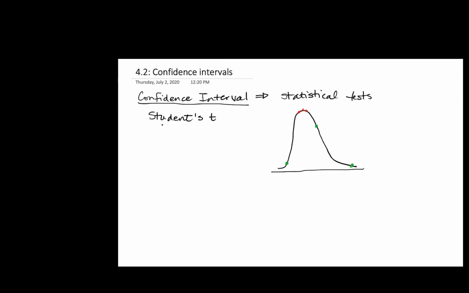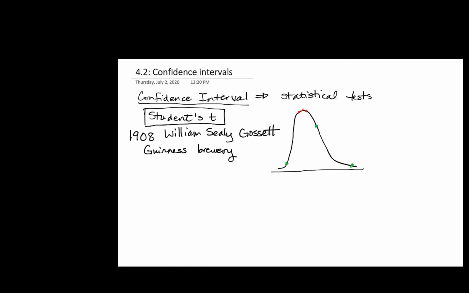So the student's t is sort of a funny name, and I was always kind of curious about what it was. It was developed in 1908, and I was also curious about why it was called the student's t, by a guy named William Seeley Gossett. You don't have to remember his name, but what you might remember is that he was working at the Guinness Brewery at the time. Whether or not you like Guinness, it is an interesting factoid.